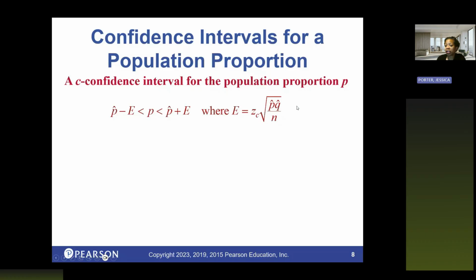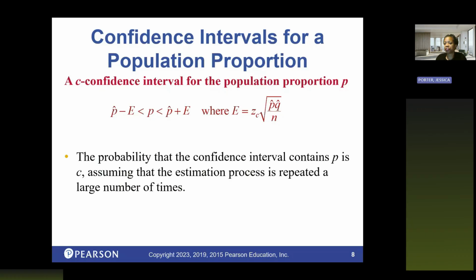And remember, q hat is just 1 minus p hat. The probability that the confidence interval contains p is c, assuming that the estimation process is repeated a large number of times. And this is a c confidence interval for the population proportion p.